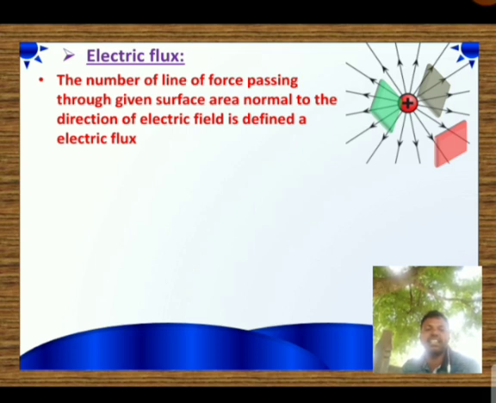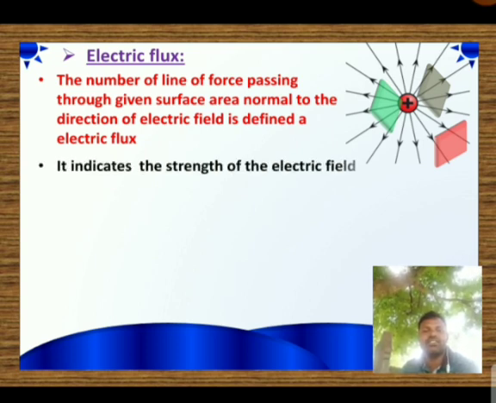This indicates electric flux. Electric flux is the number of lines of force passing through a given surface area normal to the direction of the electric field. Generally it indicates the strength of the electric field. If there are more electric lines of force, that indicates the field is very strong.